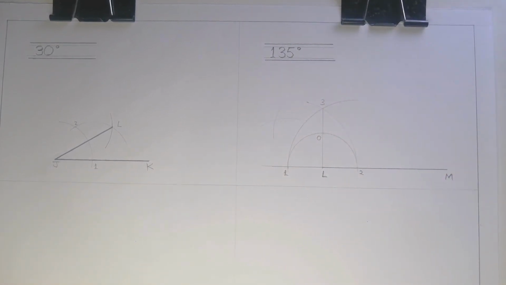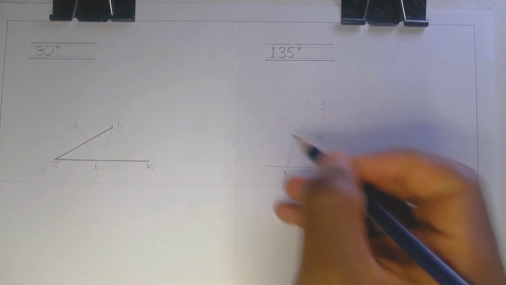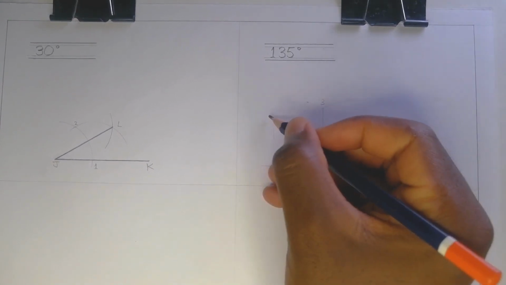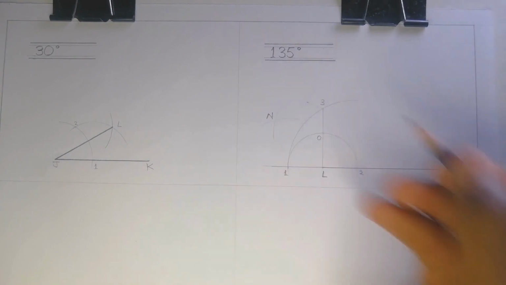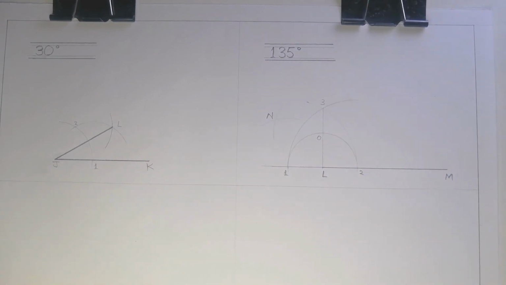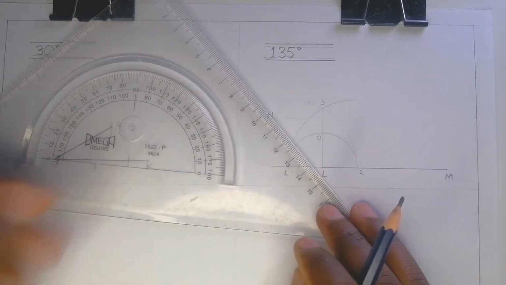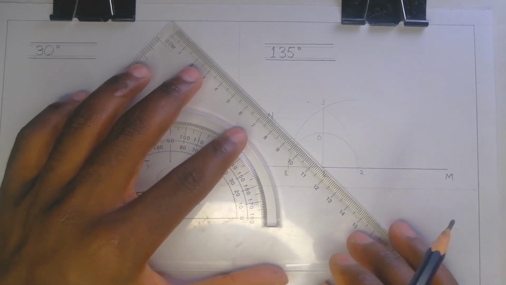And then now I have my point which I can call N. Joining point L and N, I have my 135 degrees.